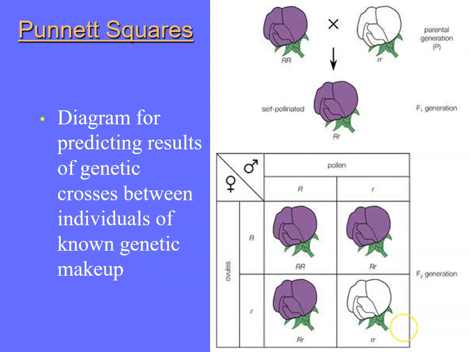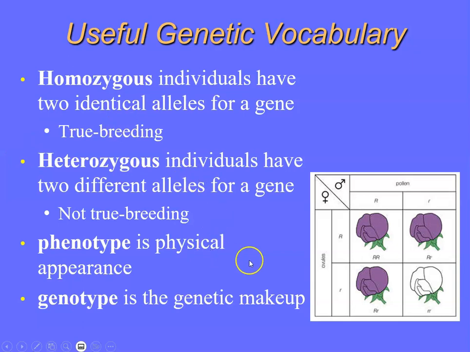So this is how we can use a Punnett square to make predictions, and those predictions are quantitative in nature, as percents or fractions. Now, I did use some terms that we might not have seen yet, but they will come up in several other examples when we're talking about Punnett squares and the genetic makeup of organisms.